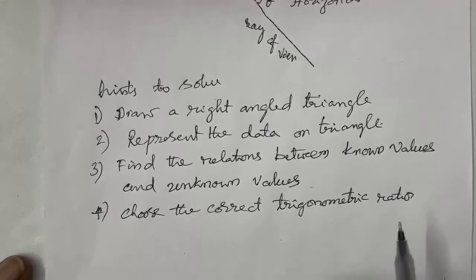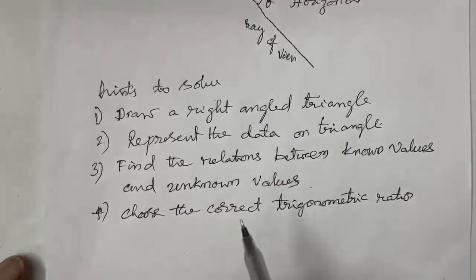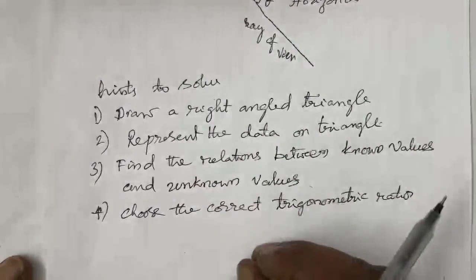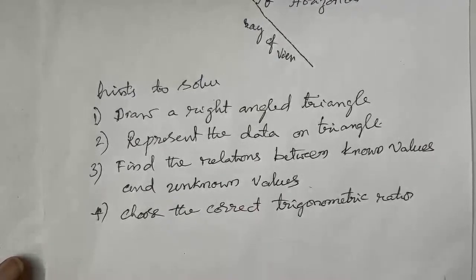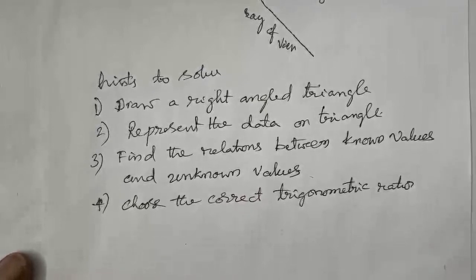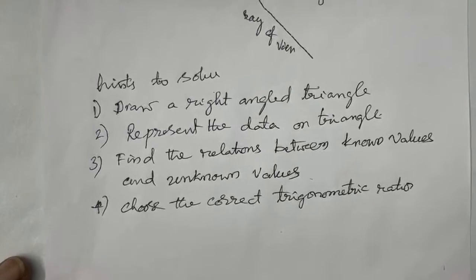For example, tan theta means opposite by adjacent. Like that, we have to decide which one to take according to the data given, and what kind of ratio we should apply for the problem. So now I am taking the very important problems in the 12.1 exercise.